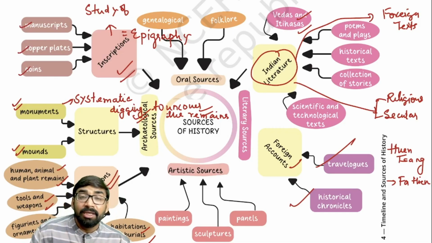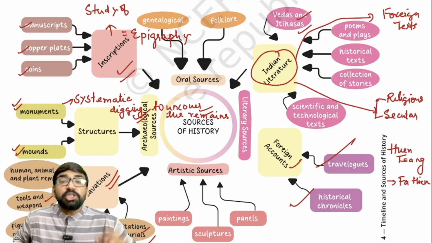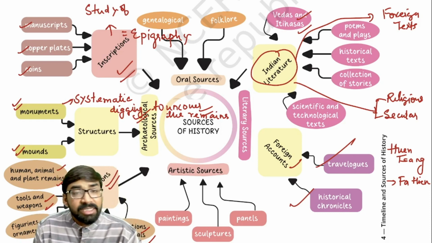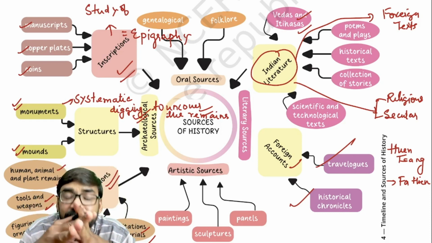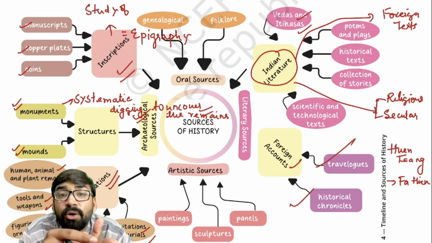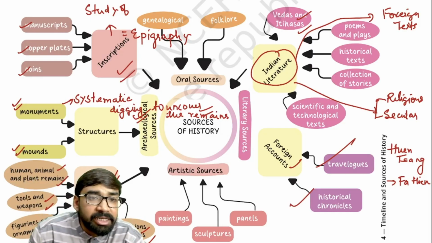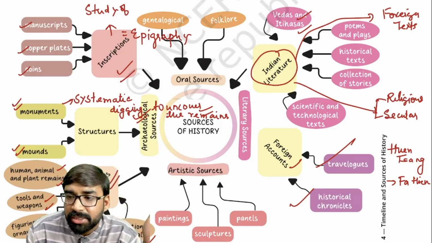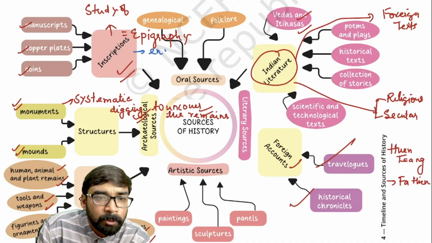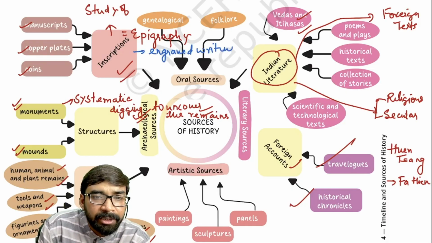Now, what is the definition of inscription? Many people do not know the definition of inscription. See, inscriptions are the writings which are written on a hard surface. What does inscription mean? Inscription means engraved writings on hard surface.